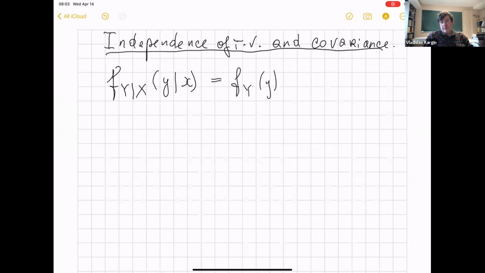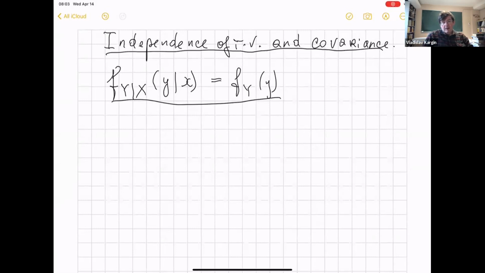This condition ensures that if you observe that X is equal to x, then any probabilities for Y have not changed from the original situation, when you didn't know anything about X.